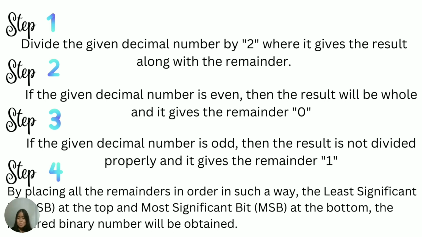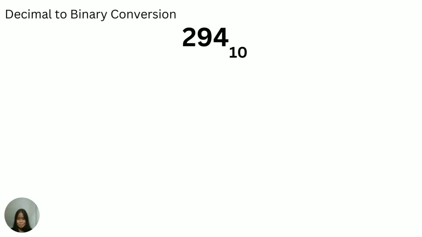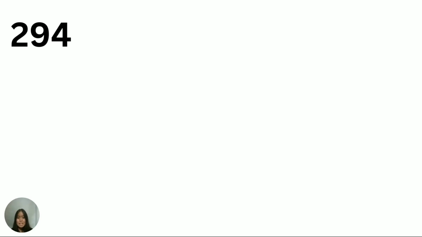So in order for us to fully comprehend this entire conversion process, let us finally take it into application using the following example. So here we have 294 base 10, which is a decimal number, and we're going to have to convert it into binary. And in order for us to do so, we take the decimal number, which is 294, and divide it by 2.